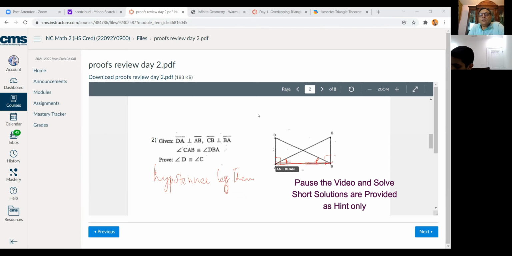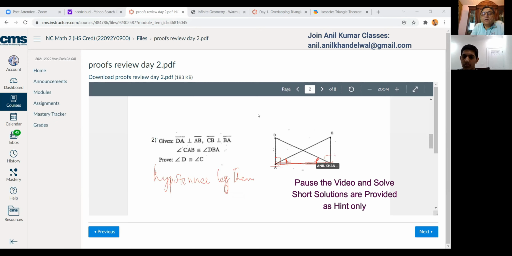So we have a common base, and since these angles are equal with a common base, the second side will be equal and the hypotenuse will also be equal. Is it okay? And using the hypotenuse leg theorem, those two triangles are congruent. And since they are congruent, angle D will be equal to angle C, correct?